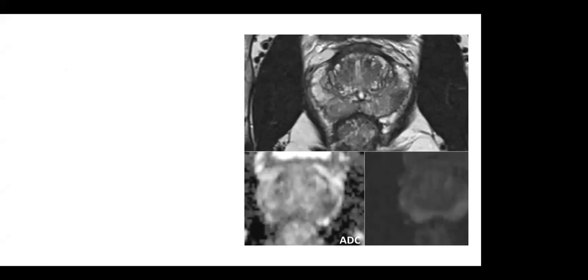So again, another example, like we saw in the last case, in which here we see a hypo-intense lesion in the peripheral zone on the left side, which is being shown by the arrow. And this has well-defined distinct margins.